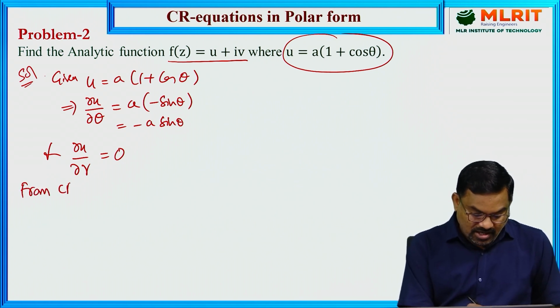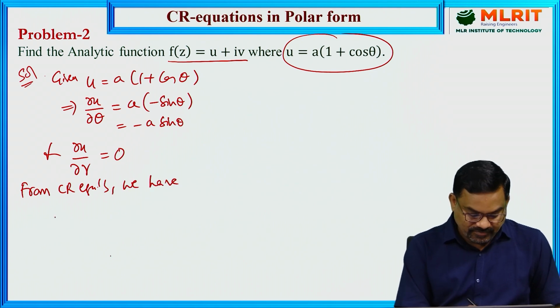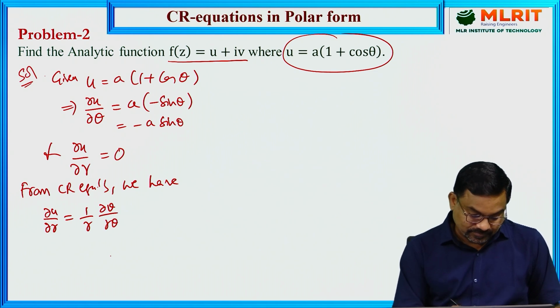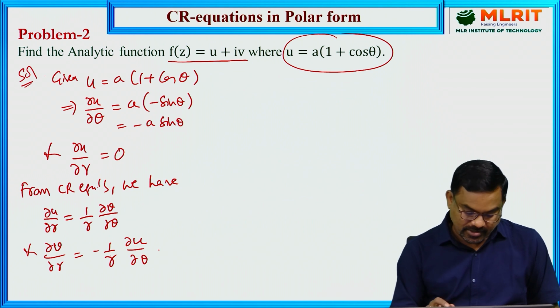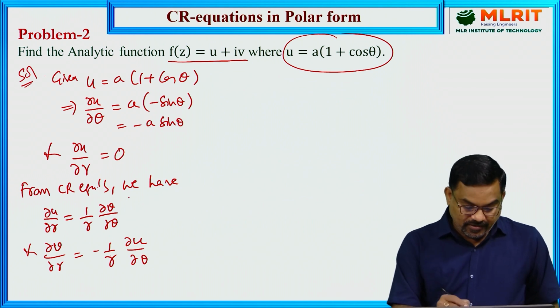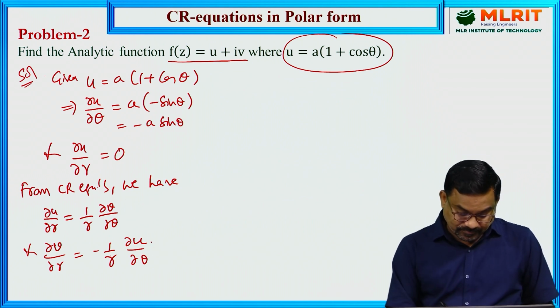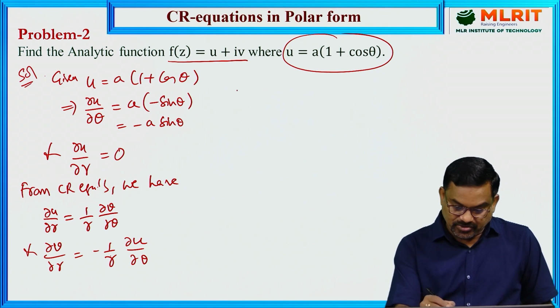Now, from the CR equations, what is the first CR equation? ∂u/∂r = (1/r) ∂v/∂θ, and the second, ∂v/∂r = −(1/r) ∂u/∂θ. So, here we have ∂u/∂θ.